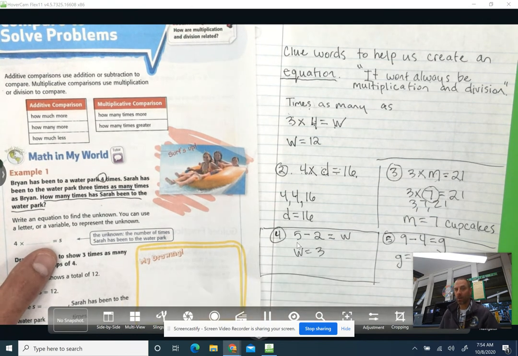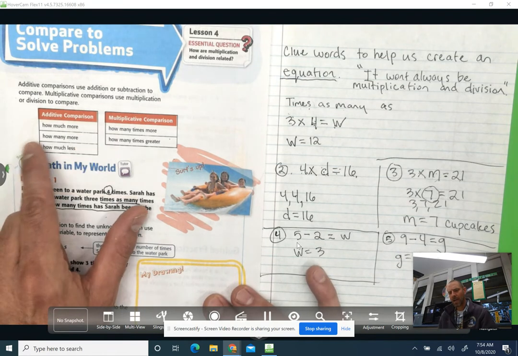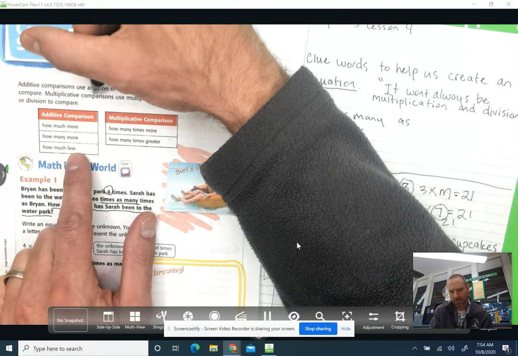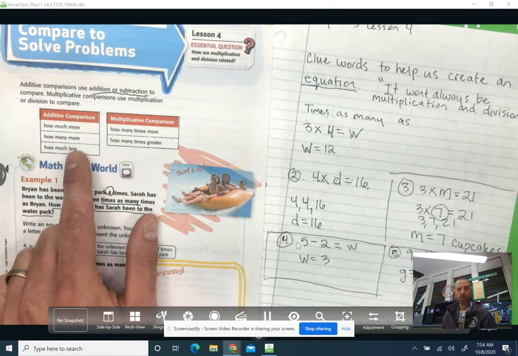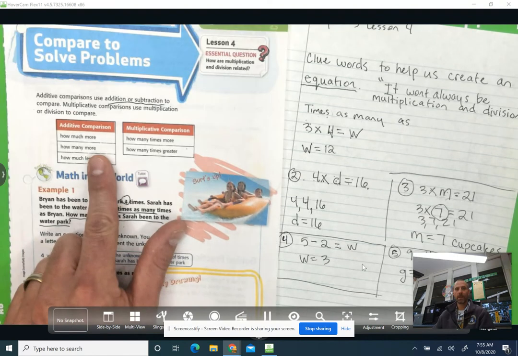That is our clue for multiplication, right? How much more, how many more, how much less. Okay, those are our additive comparisons for addition or subtraction. All right, kiddos, there we go. Chapter 3, lesson 4.